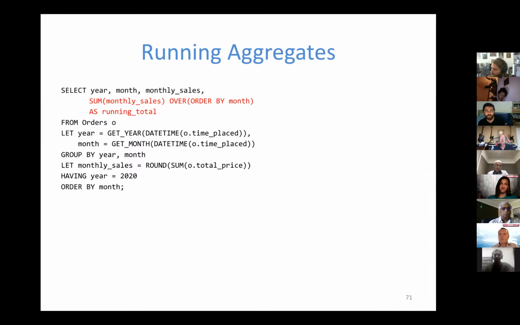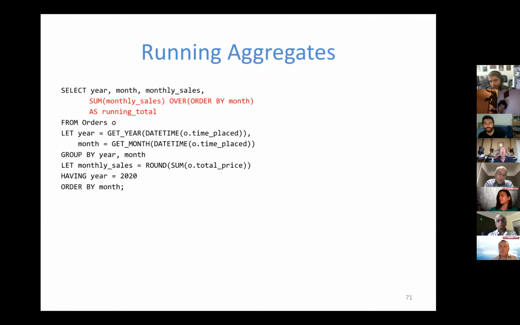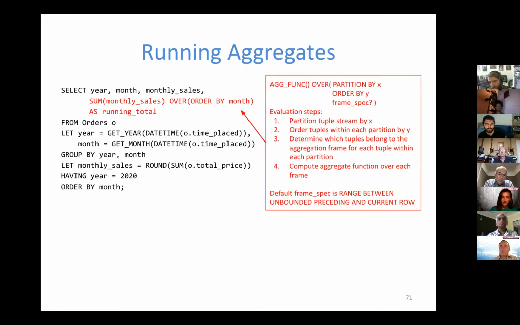We support exactly the same frame specification as SQL does, and also have the same default. So users that are familiar with SQL can start using window functions in SQL++ right away. When there is a frame clause, or if there is a default frame clause, basically when an aggregate function is computed, the evaluation steps are augmented by a new frame computation step.